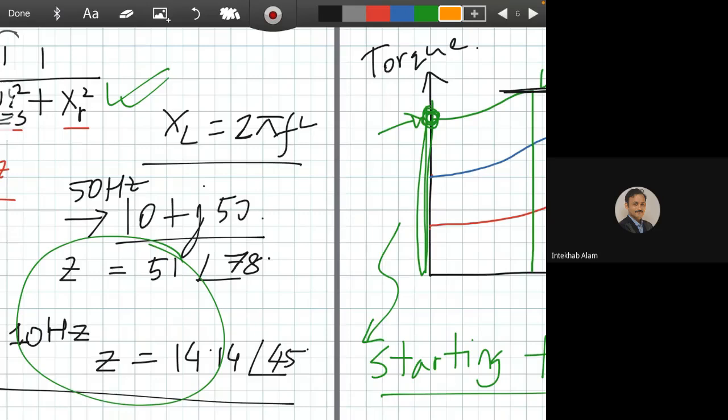Okay, so do you have any question regarding these points?